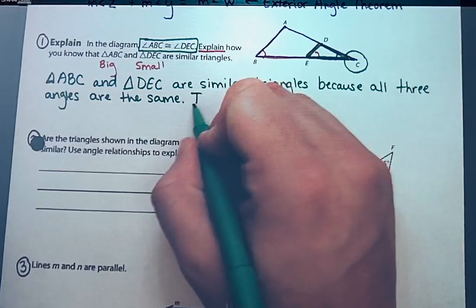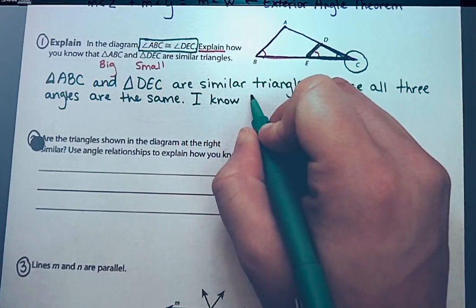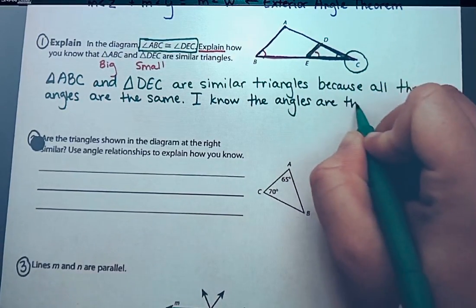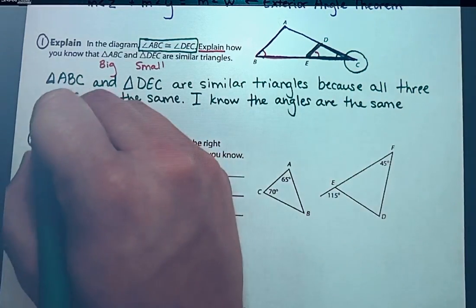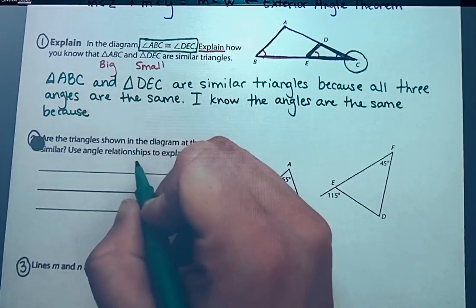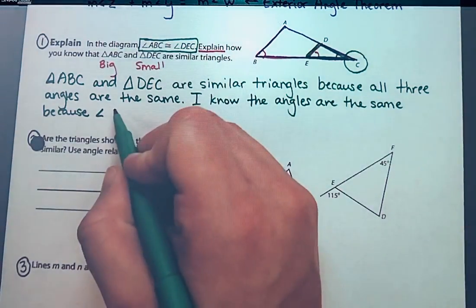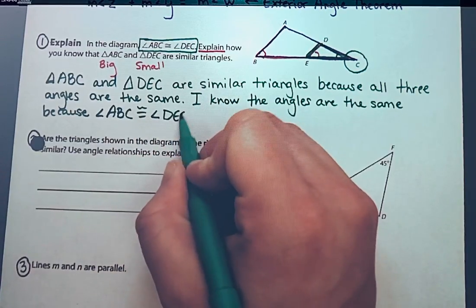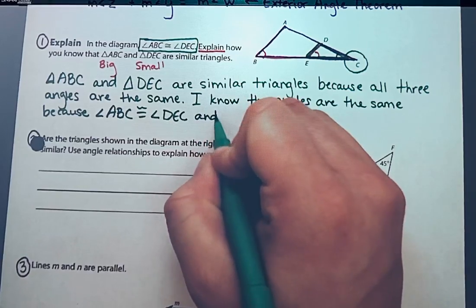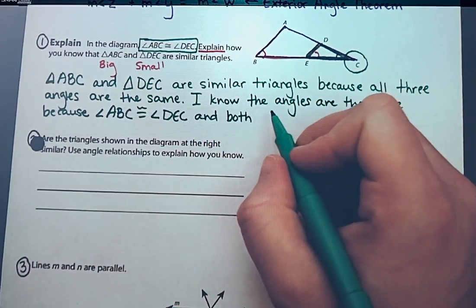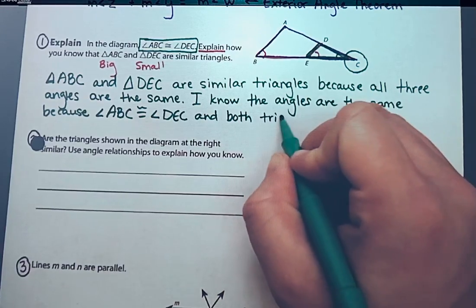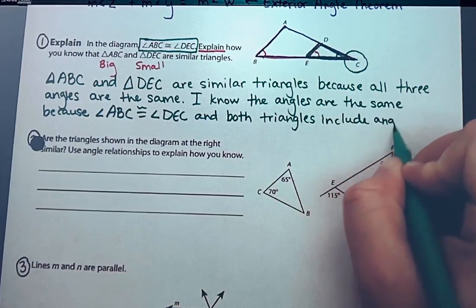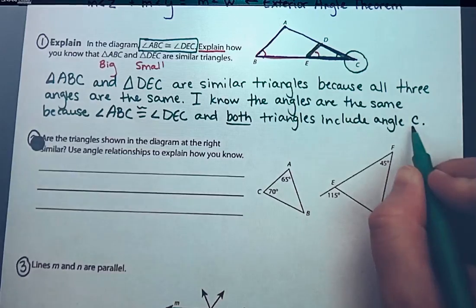So I'm going to add to it and say, I know the angles are the same because, for one, they give us this information, angle ABC is congruent to angle DEC, and both triangles include angle C. That's the key.